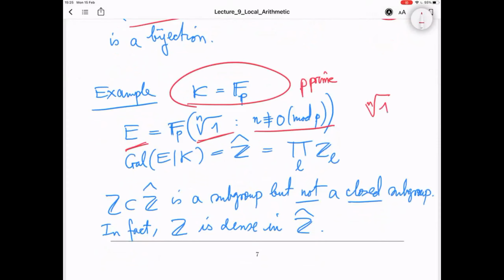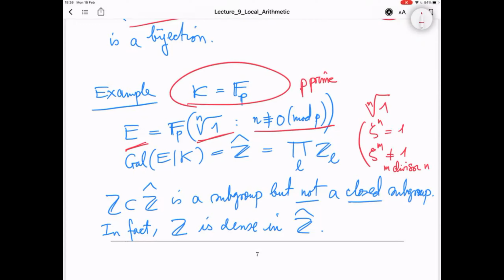It means some element such that zeta to the n is equal to 1, and zeta to the m is not 1 for any strict divisor m of n.